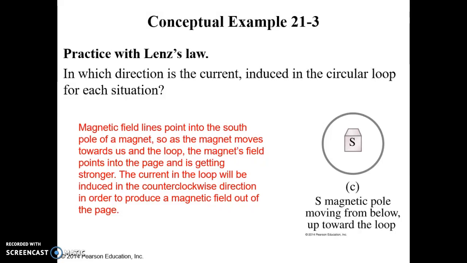Here, the magnetic field lines point into the south pole of the magnet, so the magnet moves towards us, and in the loop, the magnetic field points into the page and is getting stronger. The current in the loop will be induced in a counterclockwise direction in order to produce a magnetic field out of the page.